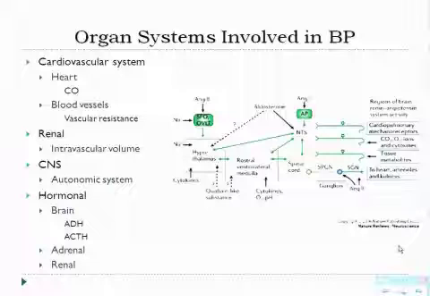And the humoral mediated system, which is regulated partially by the brain, includes things like ADH and adrenocorticotropic hormone, and also affects the adrenal glands, both the adrenal cortex and the adrenal medulla. Both secrete hormones that will affect your blood pressure balance, and ultimately your kidney also releases hormonal regulatory mechanisms.